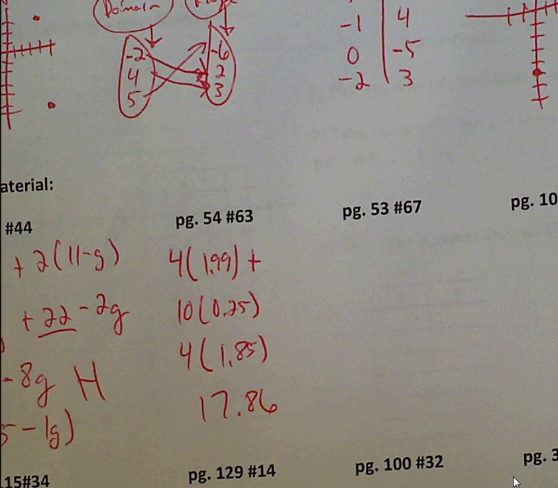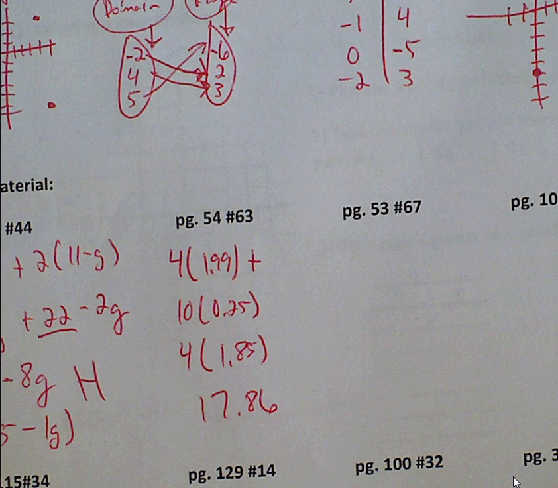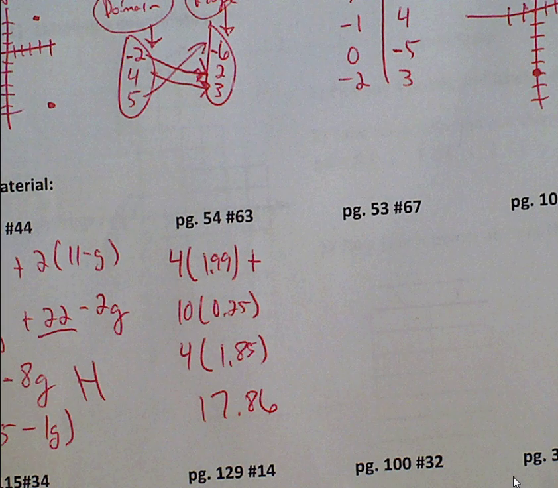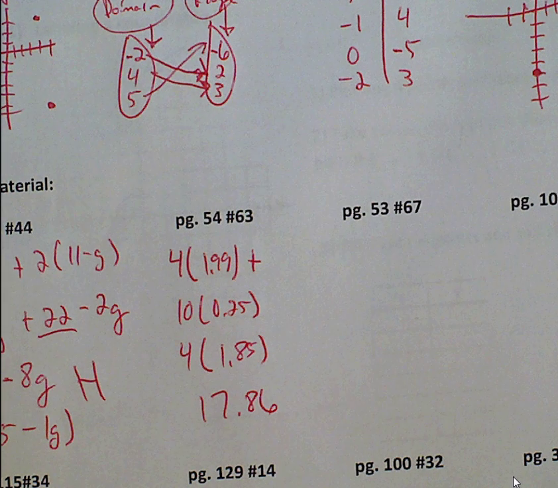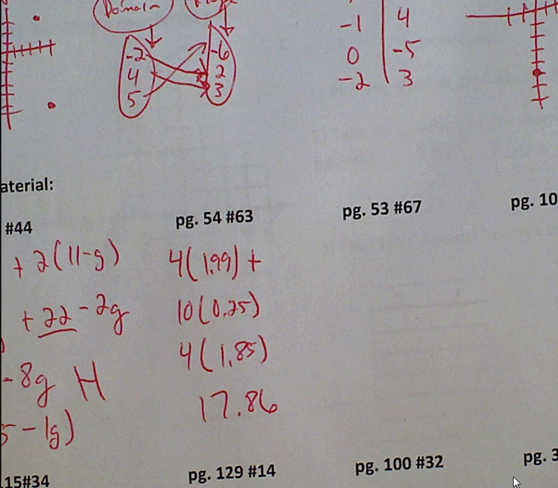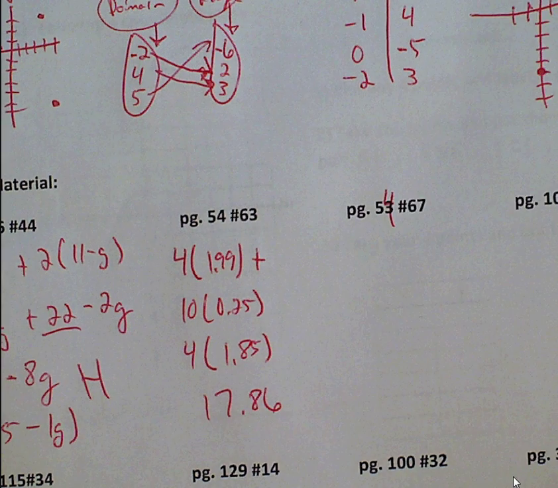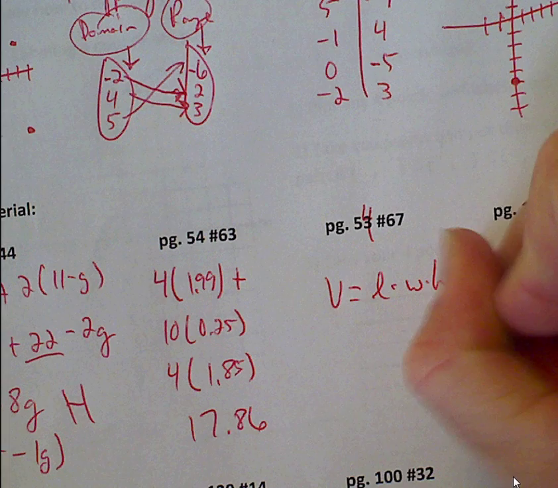Page 53, number 67. Well, find the volume of the rectangular prism. I meant 54. On page 54, find the volume of a rectangular prism, length times width times height.